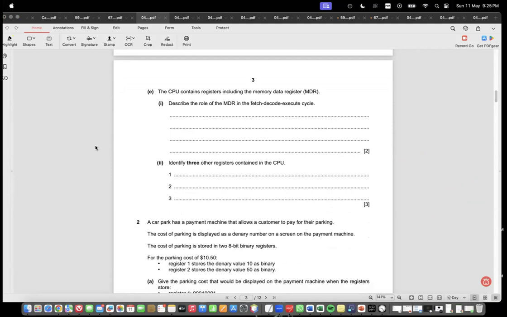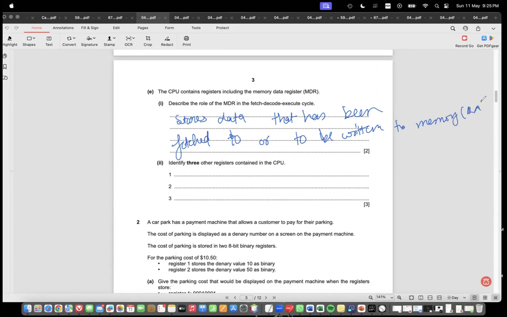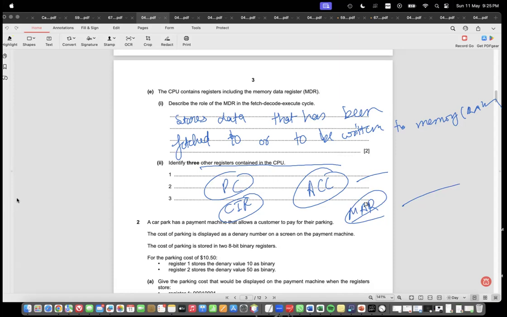MDR stores or holds data that has been fetched, or is to be written to memory. Memory means RAM. Identify 3 other registers contained in the CPU. It can be PC, meaning program counter, current instruction register, ACC meaning accumulator, MAR meaning memory address register. So you can write any of these here.